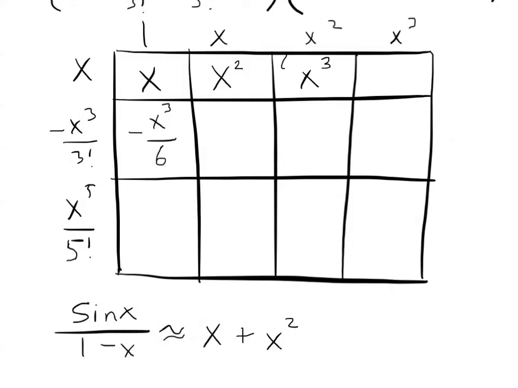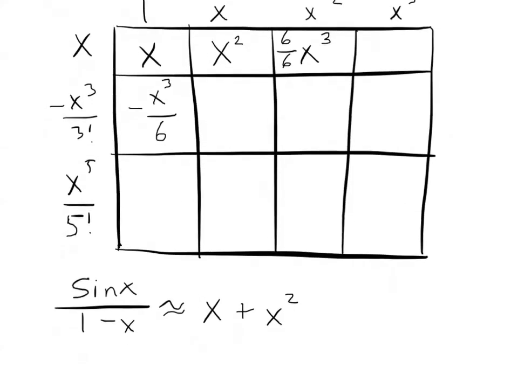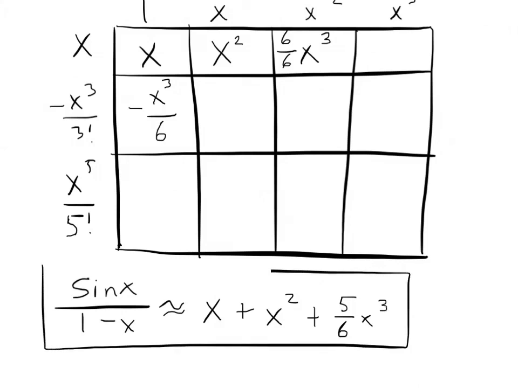So if I just think of this as being 6/6 x cubed, I can tell my next term is going to be plus 5/6 x cubed. And those are the first 3 terms of my power series centered at 0 for this function.